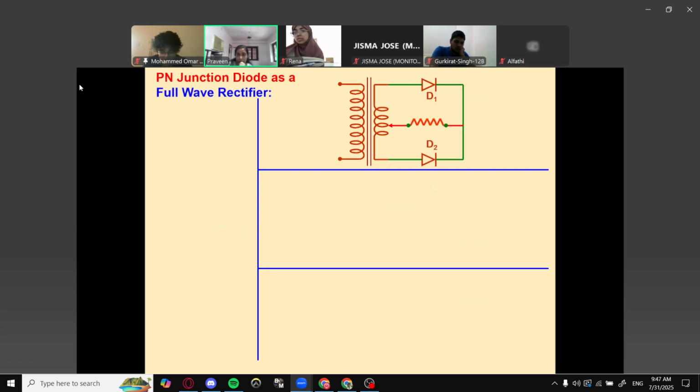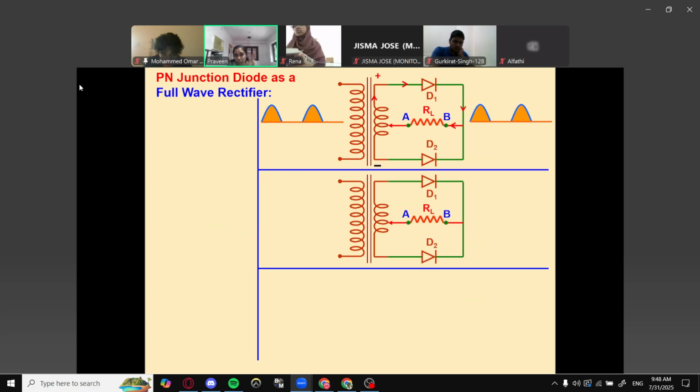Remember one thing, here we are connecting the load resistance to the center tap point of the transformer. Not exactly the same way that we connected the load resistance in the previous case for the half-wave rectifier. Here we are utilizing the transformer as a center tap transformer, which means the voltage will be divided equally. So that's your load resistance AB. Now that's the positive side and this is the negative side.